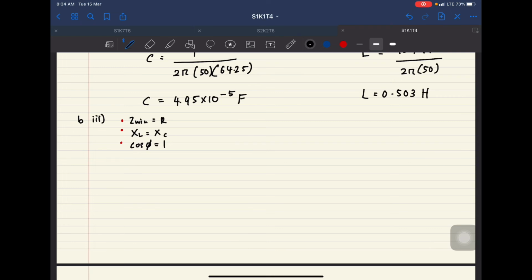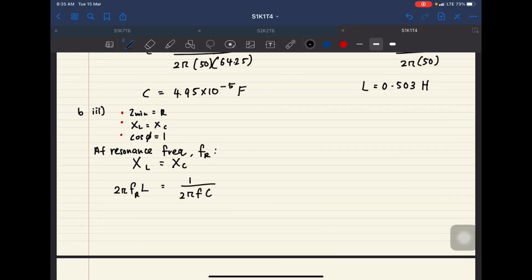So make sure I write. So I start with XL equals to XC. If I substitute the formula for XL and XC, XL will be 2 pi F L, and XC is 1 over 2 pi F C. Okay, and because this one is at resonant, so I just label F as FR.